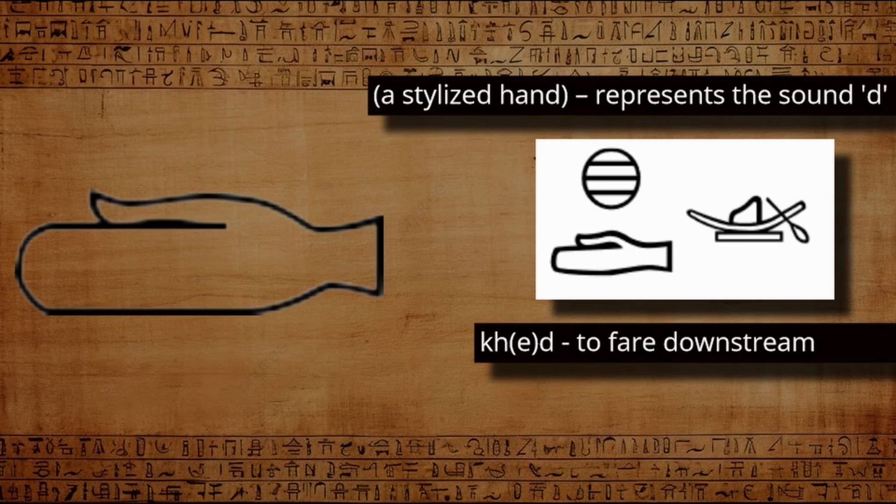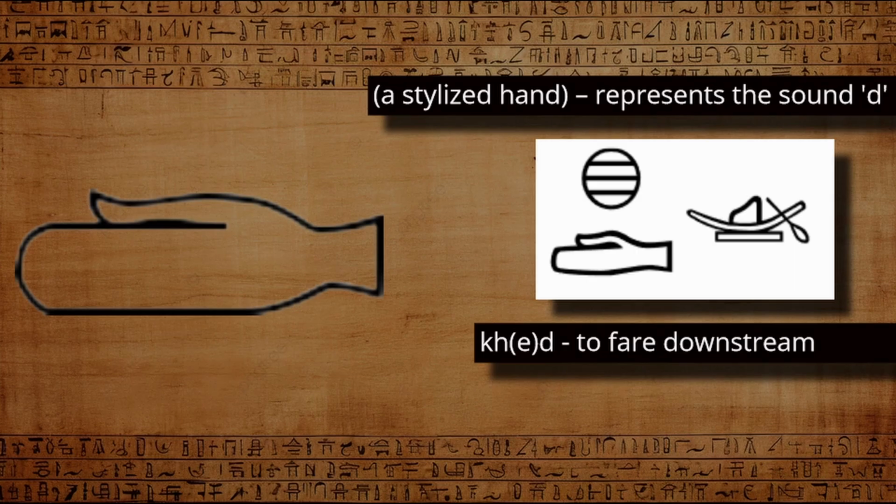At the end, you will see a boat hieroglyph. It is an ideogram that doesn't make a sound but clarifies meaning, and you will soon understand why these silent ideograms are essential. Now, on to an arm hieroglyph, which stands for the sound.